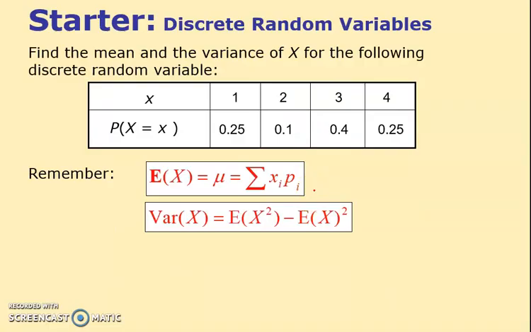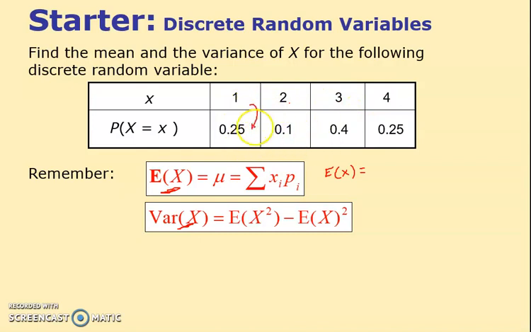This goes back to some statistics we've seen in maths and further maths before, where if I wanted to find the mean E of x and the variance of a discrete random variable, you should remember this formula. To find E of x, x can only take these values, 1, 2, 3 and 4, and these are the probabilities.